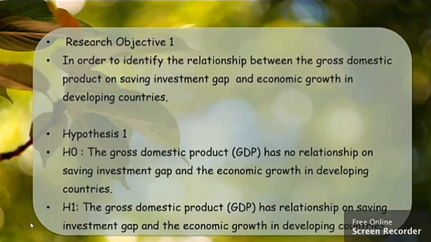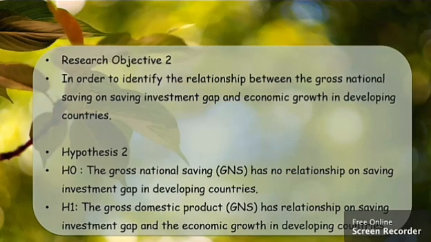However, H1 is that the gross domestic product GDP has a relationship on saving investment gap and the economic growth in the developing countries. As for research objective number 2, which is to identify the relationship between the gross national saving and saving investment gap and economic growth in the developing countries.